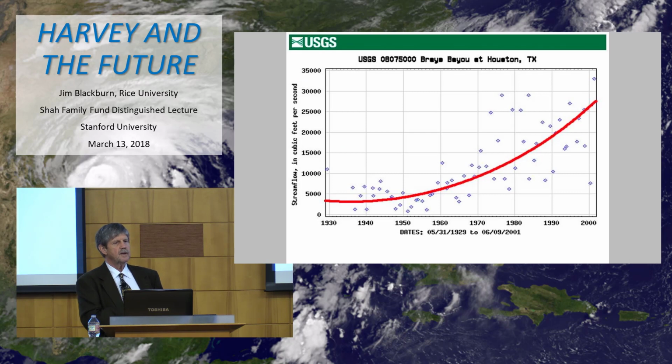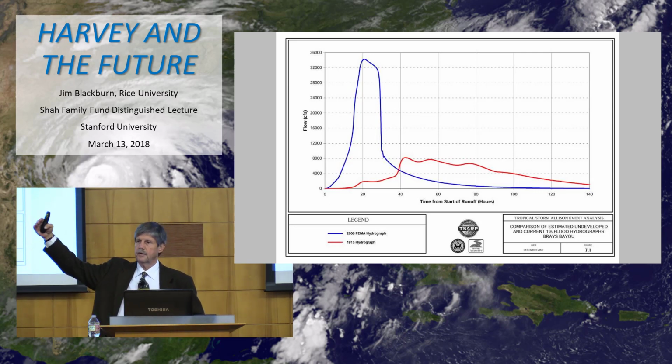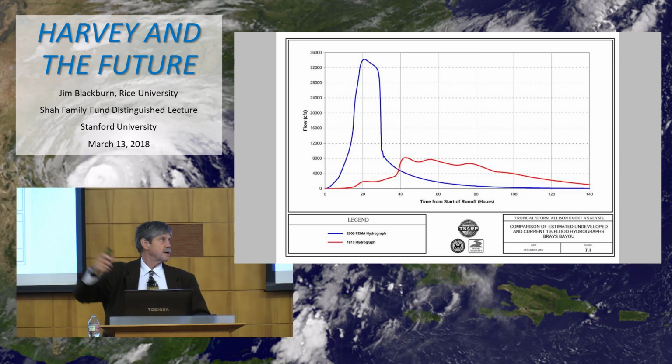This is what the flow has done over time on Brays Bayou. Going back to the 30s, USGS basically peak flows. Steady increase. Phil Bedient, who is the co-director of the Severe Storm Center with me at Rice, basically made his career studying the increase in peak flows along Brays Bayou with development over time.